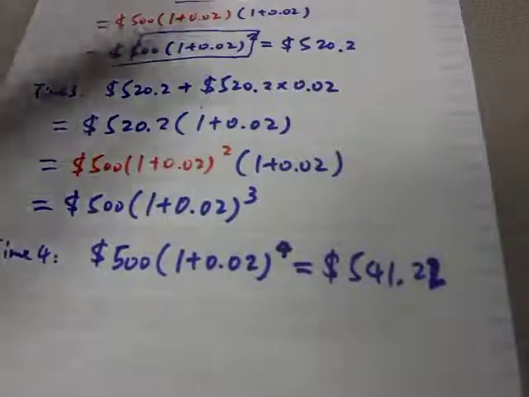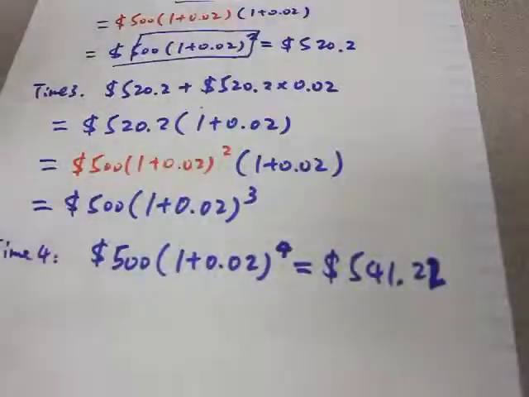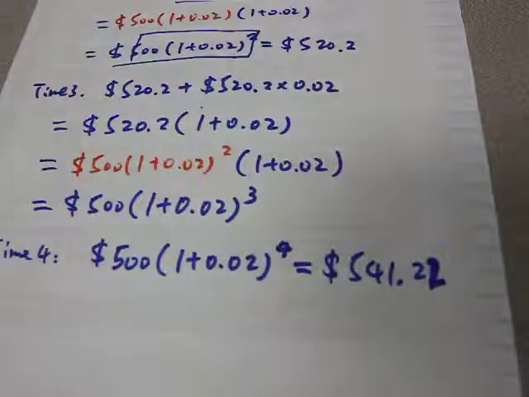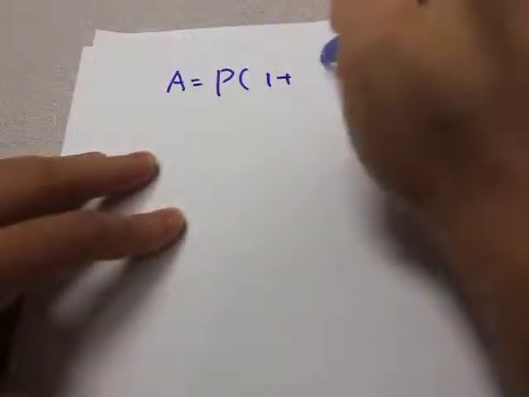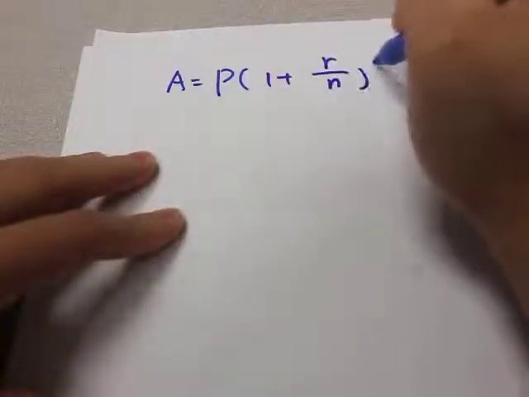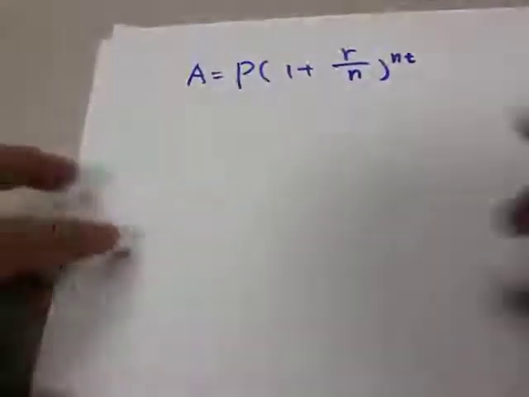Now, when the interest rate is compounded more than once a year, the formula we are using is this. Now, P is the principal, and A is the total amount of money accumulated.